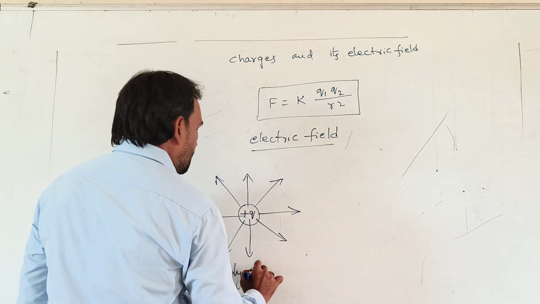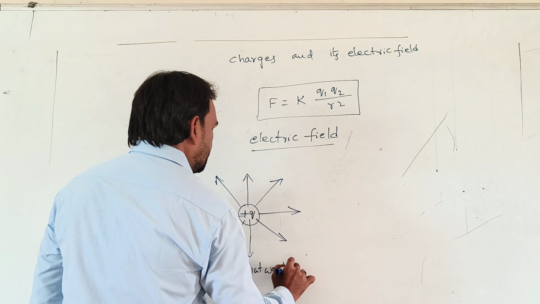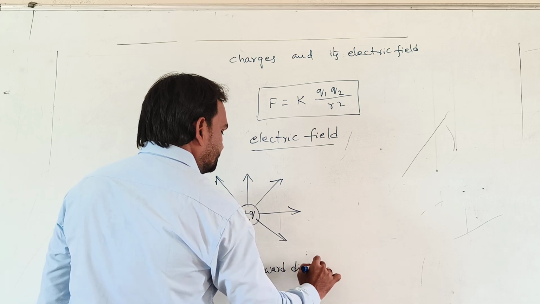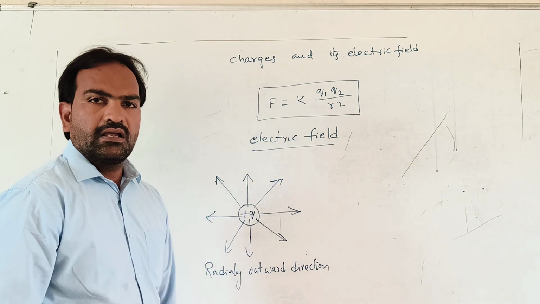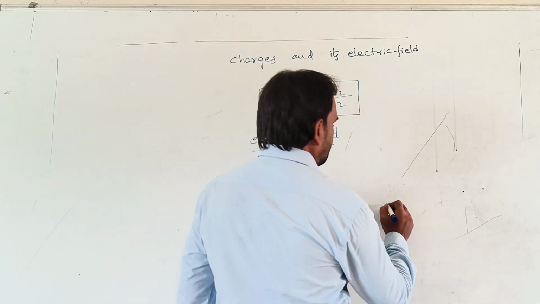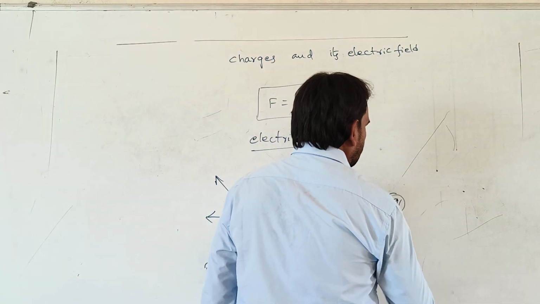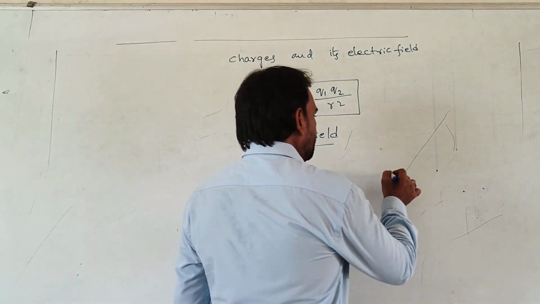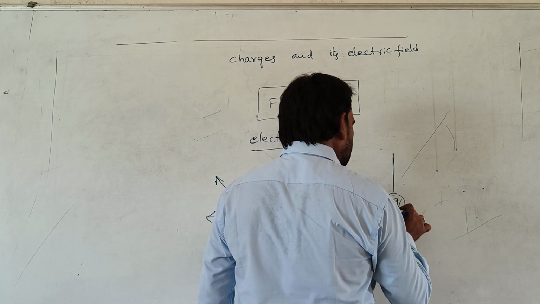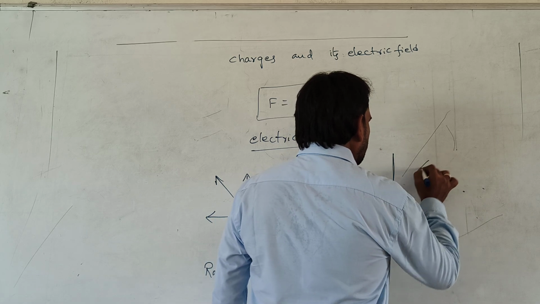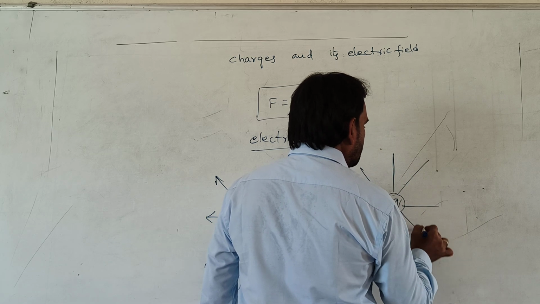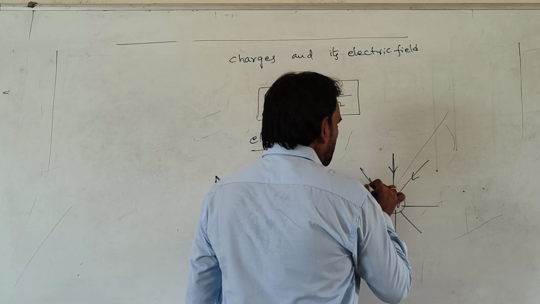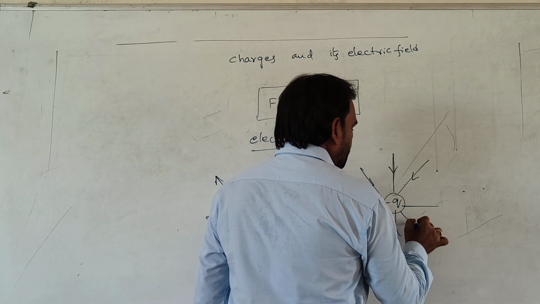Okay, students. And as well as negative charges, what is that? A negative charge is radially inward. Now observe here, this is radially inward.